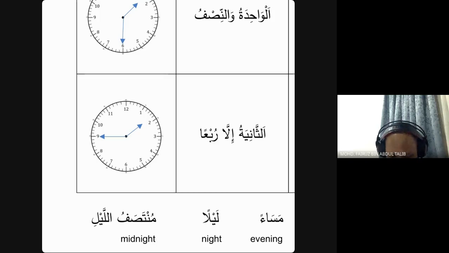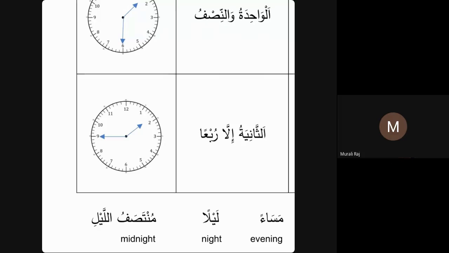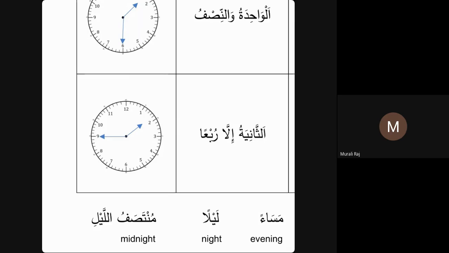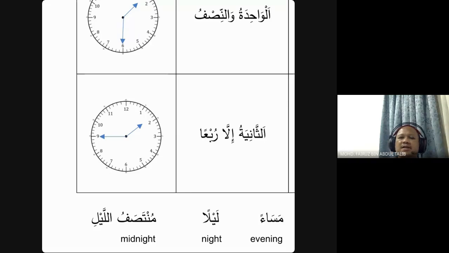So you go to the next. If you say as-sa'a thaniya illa rubu'an, that is 1:45. We have to go back: wahida illa rubu'. Good. So you say as-sa'a al-wahida, go back, illa rubu'. So this is how we use the phrase illa ar-rubu'.